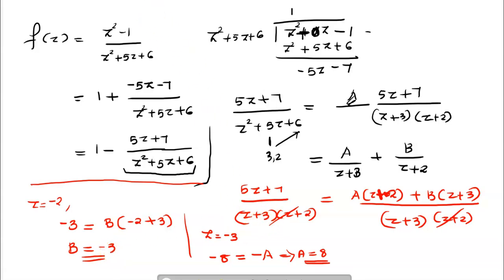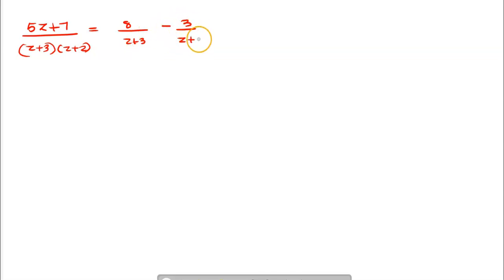So we can write (5z + 7)/((z + 3)(z + 2)) = 8/(z + 3) − 3/(z + 2).